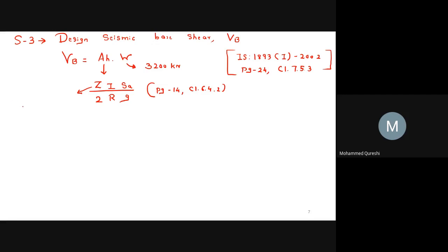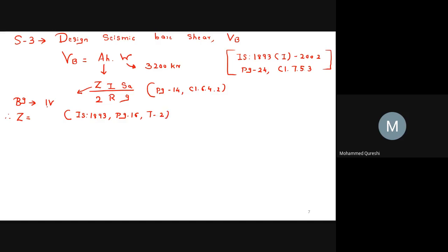And now, zone factor, that is Z. Here in the given data, the building is situated in zone 4. Hence, for zone 4, you have to refer IS 1893 Part 1 2002, page number 16, table number 2.